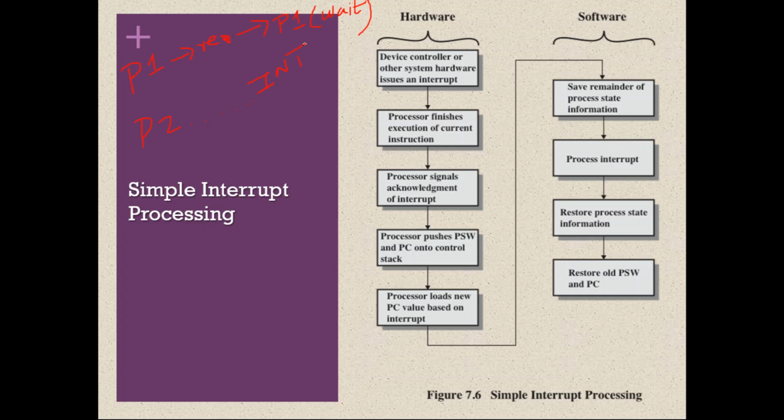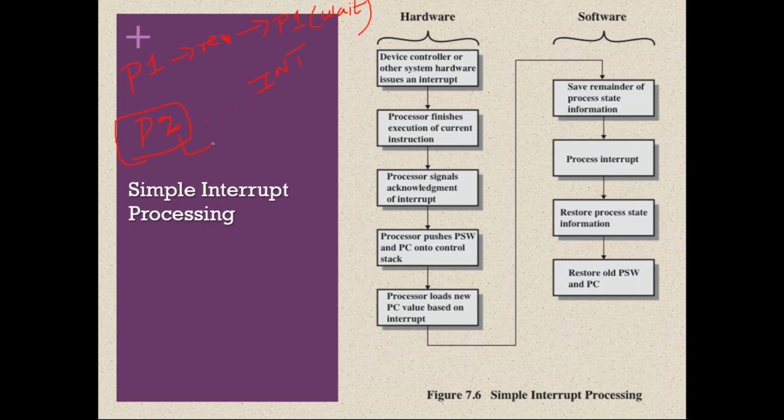But whenever the processor keeps something in waiting state, it is not just a matter of keeping it in waiting state. All the status information about the process should be stored. Where should it be stored? It should be stored in the stack. So before putting P1 or P2 in wait state, all its status information should be stored.